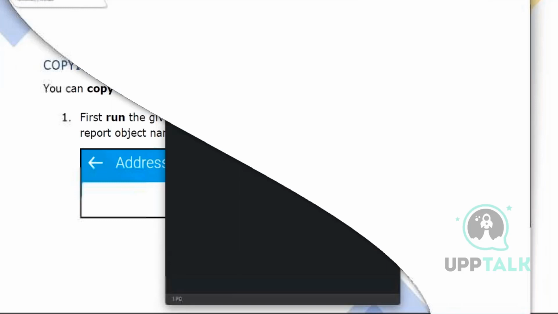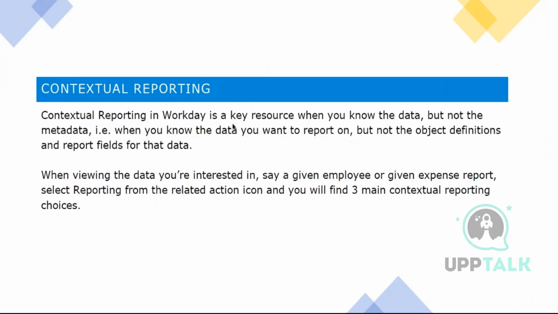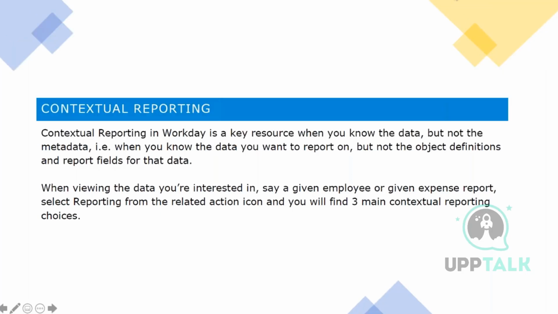Meanwhile, while the tenant is slow, I will show you contextual reporting. In Workday, we have something called contextual reporting. Contextual reporting is basically when you know where the data is stored in Workday, but you don't know how to go about building the report from there.